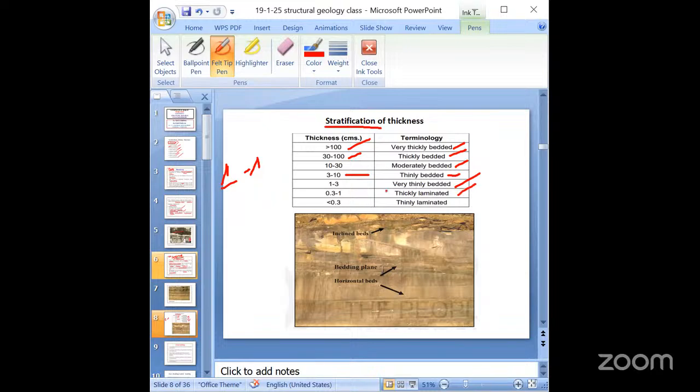These are the thickly laminated, and less than 0.3, thinly laminated. So this is the scale of stratification thickness. You see, this is the real picture. So this is the bedding plane, with horizontal beds and inclined beds.